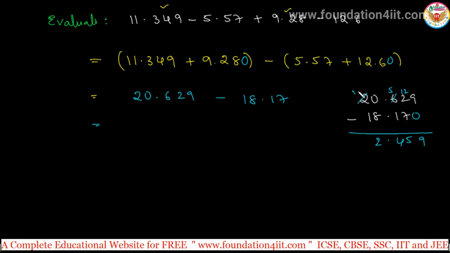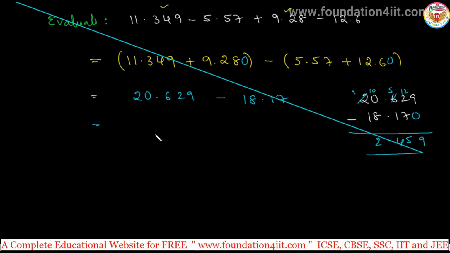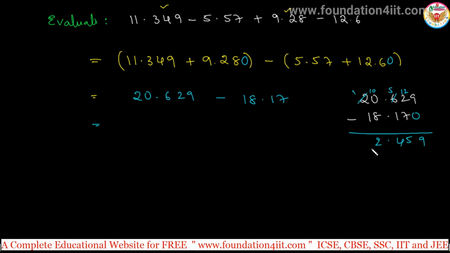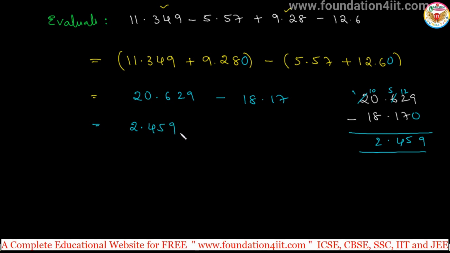Okay, this is 1, it is 10, right? 10 minus 8. Subtraction is normal again. So that is 2.459. So this is the answer. Even with addition and subtraction together, the main thing is to convert into like decimals, then you can go for addition or subtraction easily.